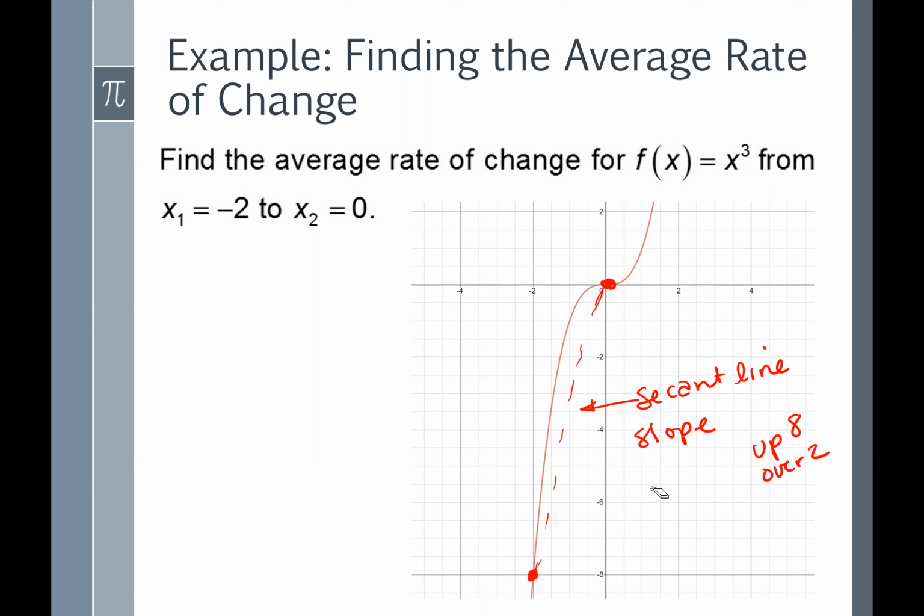So the slope is 4. Now, that is obviously not the slope of that curve, but the average rate of change is the slope of the secant line as we go from one point to the other on the curve.